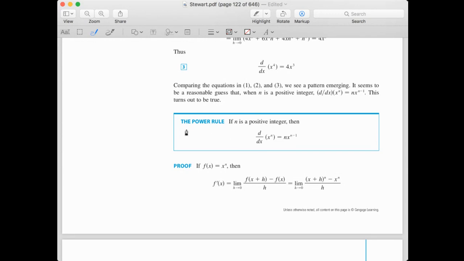And this is called the power rule. Okay, the power rule works for polynomial or polynomial-like functions. This n can be any integer. You see, we move the exponent to be the coefficient, then we subtract 1 from the degree.